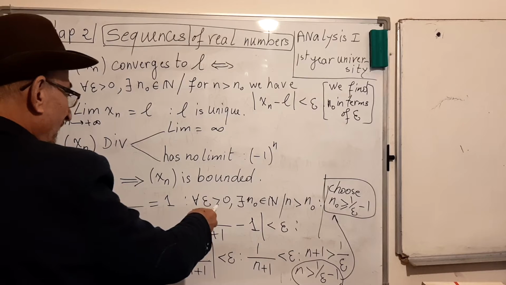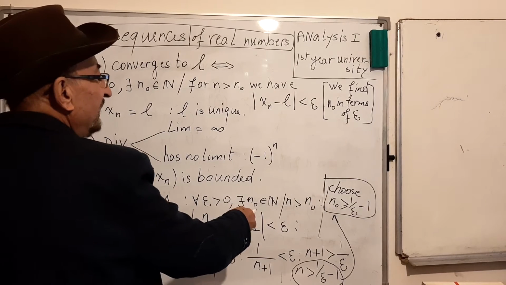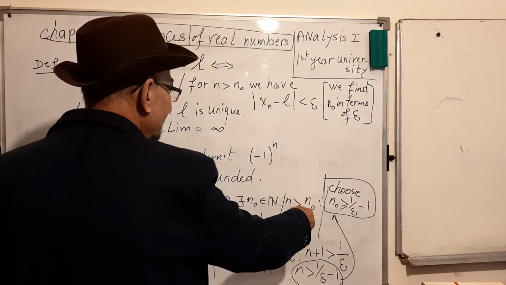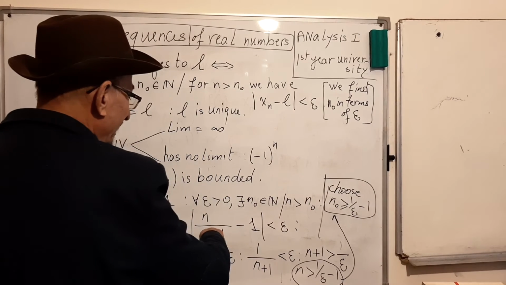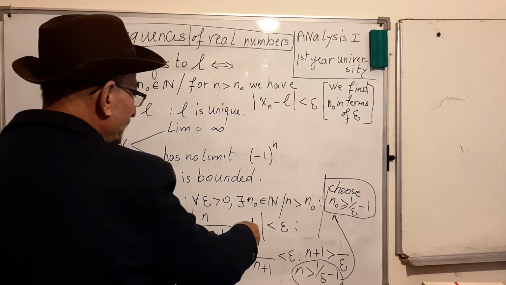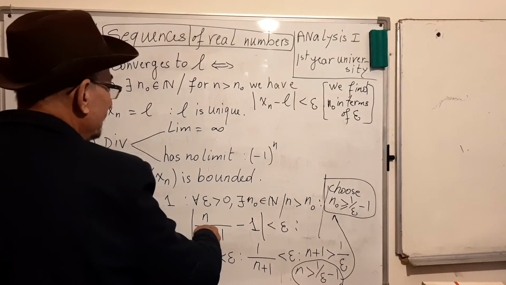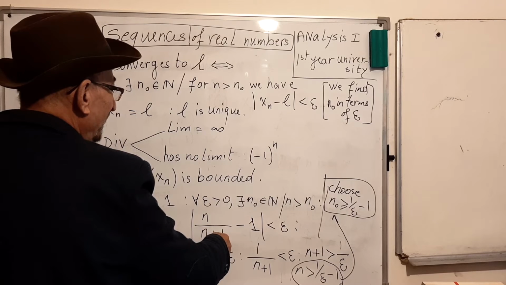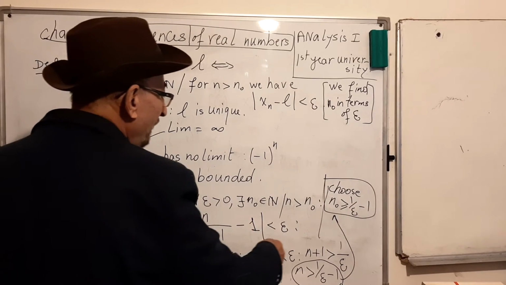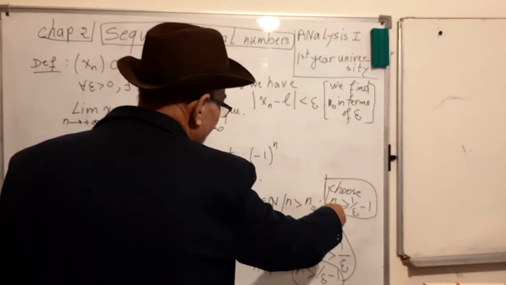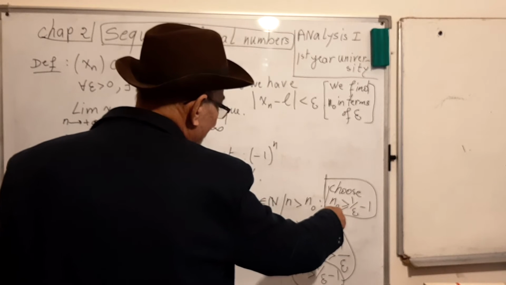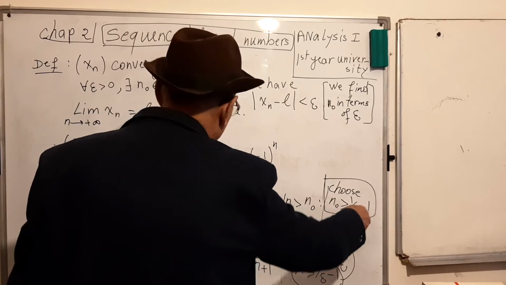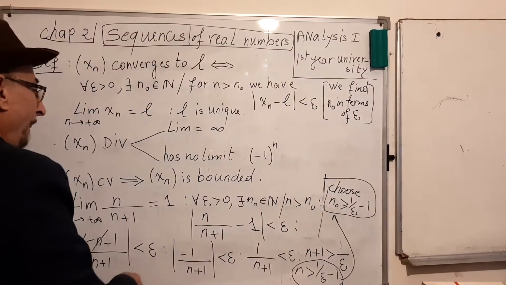So for every epsilon positive, there exists n0 belongs to N, such that for n greater than n0, we have absolute value of xn minus 1 less than epsilon, so limit of n over n plus 1 equal 1. n0 is any natural greater or equal 1 over epsilon minus 1.